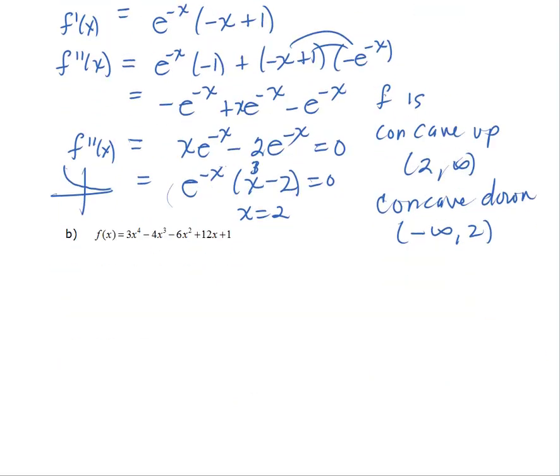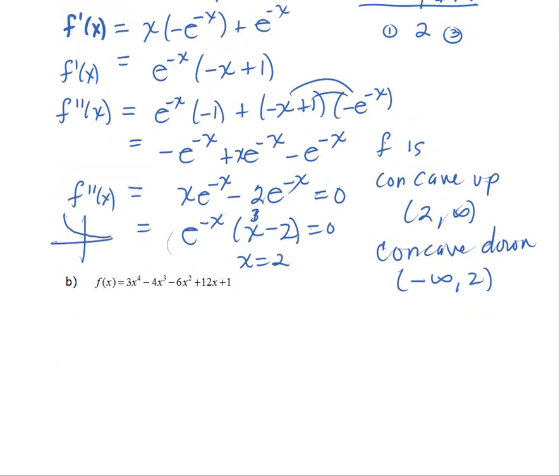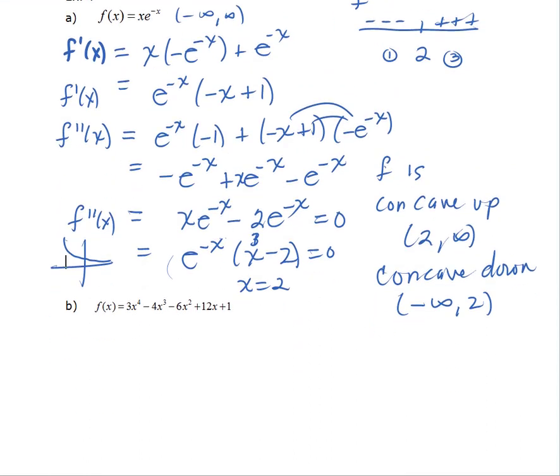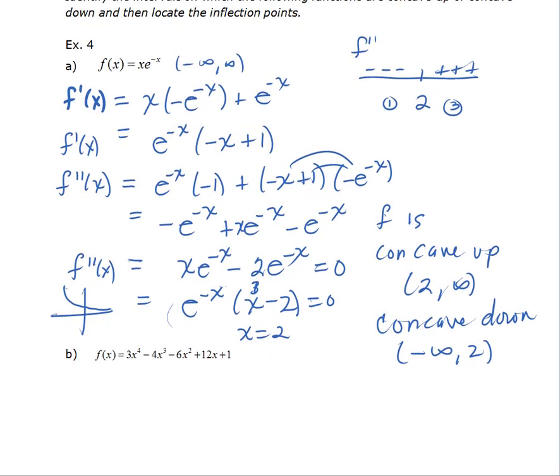And where you have a sign change in your concavity or in your second derivative, as long as that value is in the domain, your function is defined there, you're going to have what we call an inflection point. And there is an inflection point, or a point of inflection, at x equals 2.